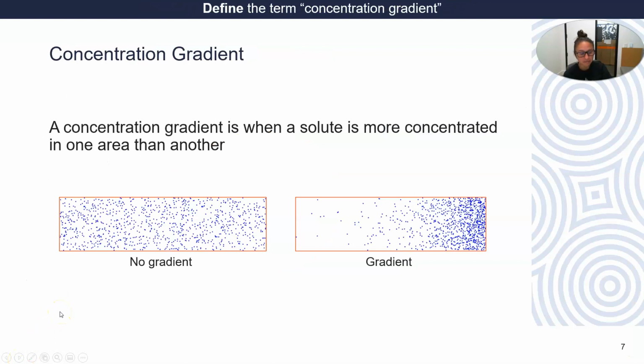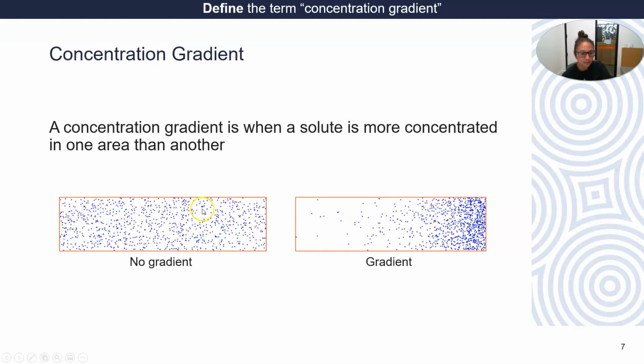All right, so let's think about gradients now. What is a gradient? A gradient just means that there's more stuff on one end than there is on the other end, just like a slope. A gradient is a slope. In our subject, we can think of a concentration gradient.